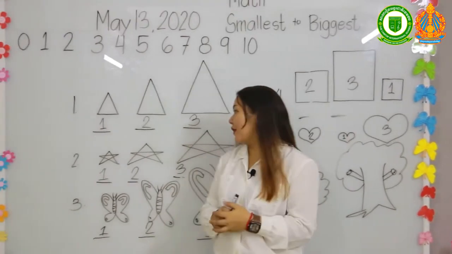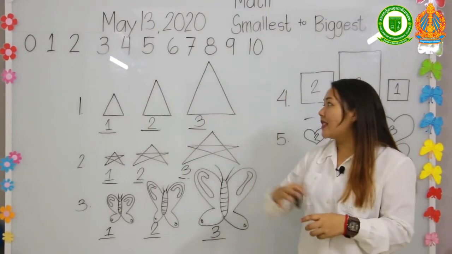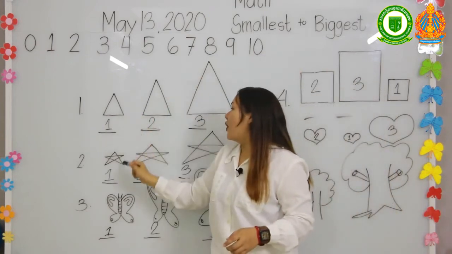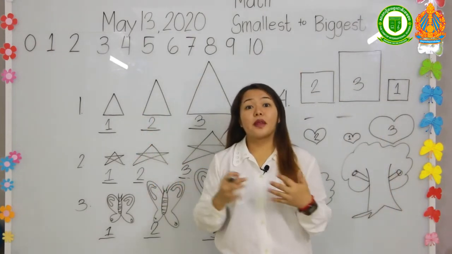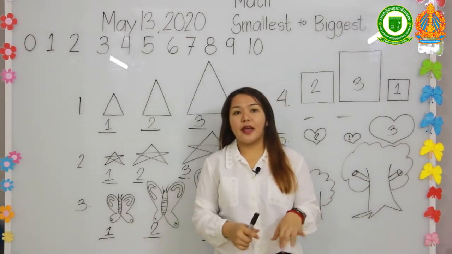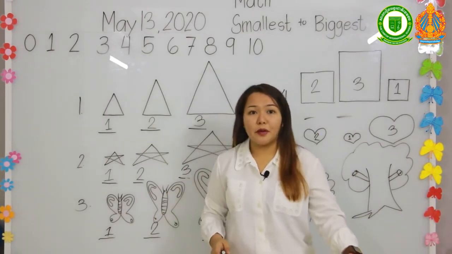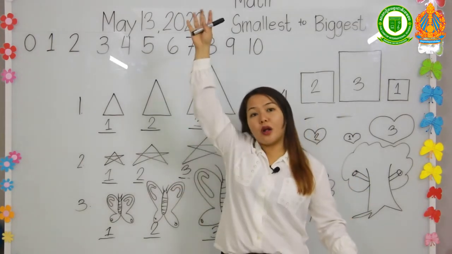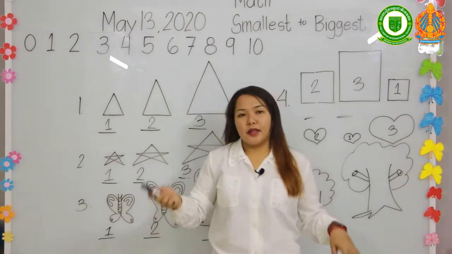Let's have a short review. When we say smallest, it's the smallest of the shapes or pictures. So it can be anything. For example, people. Sometimes we have small people, and then we have tall people. That's a little bit different.